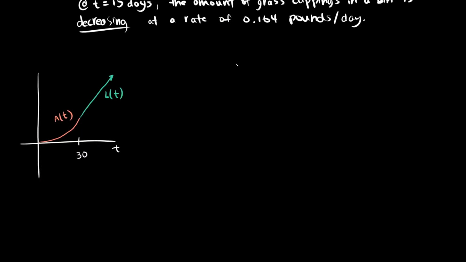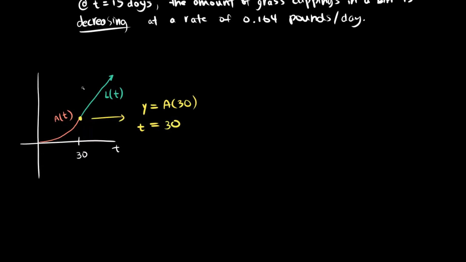So in order to use L of t, we have to find it first. We know that L of t is a linear function, meaning that we can model it in point-slope form. The easiest point we can use is the transition point at t equals 30. Because we know that at this point, the y value is equal to just A of 30, and the x, or rather the t value, is equal to 30.